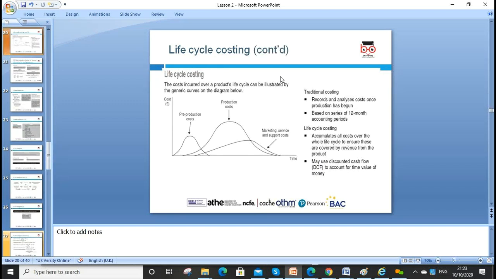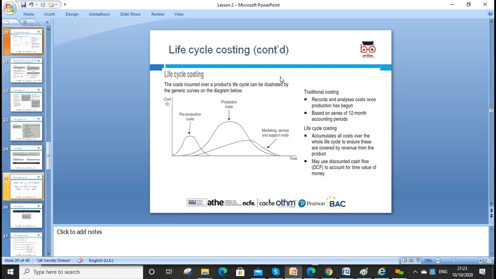Okay, life cycle costing covers different costs. There is the pre-production cost. You will see there that production cost is higher than marketing, and service cost is there as well. Traditional costing reduces the costing when production has begun, based on a series of 12-month accounting periods. Life cycle costing accumulates all the costs over the whole cycle to ensure they are covered by the revenue from the product, and makes use of discounted cash flow, the time value of money.